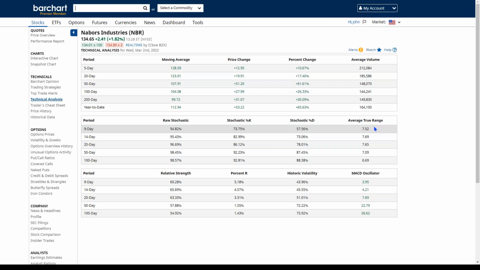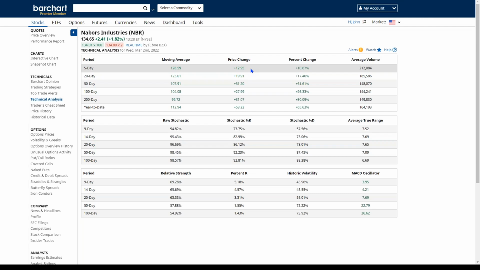Now, how can I determine that? Well, up here in our technical analysis, you can see that in the last 5 days, this particular stock's momentum has moved almost $13. What's that? That's about $2.20 over each day. So a range of $7.50, but a directional movement of about $2.20.